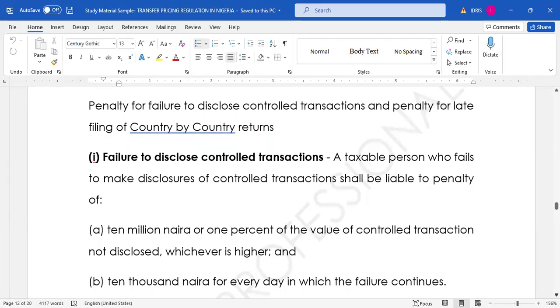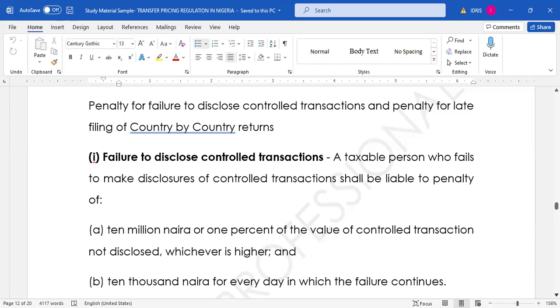If you fail to disclose controlled transactions, the company that failed to disclose will pay a penalty of 10 million naira or 1% of the value of the controlled transaction, whichever is higher.